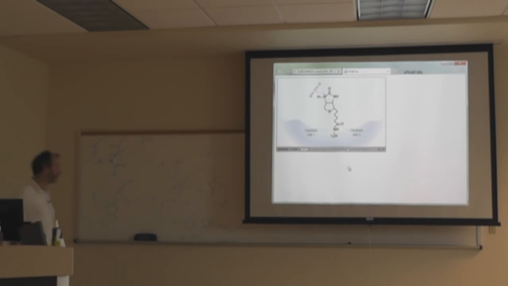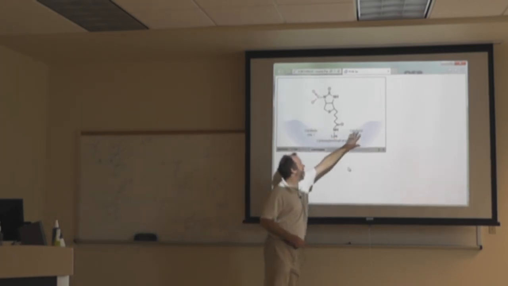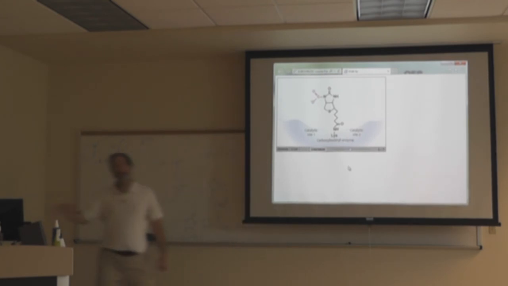So then you have carboxylated biotin, and it'll swing from catalytic site number 1 to catalytic site number 2, where it'll transfer that carboxyl group to this next substrate, which will be pyruvate.